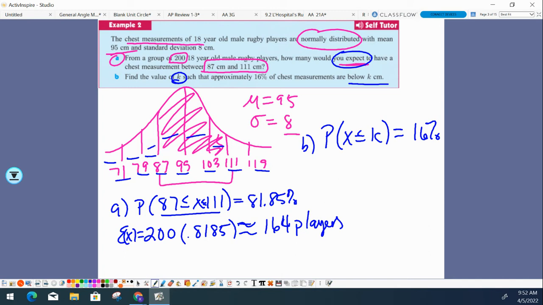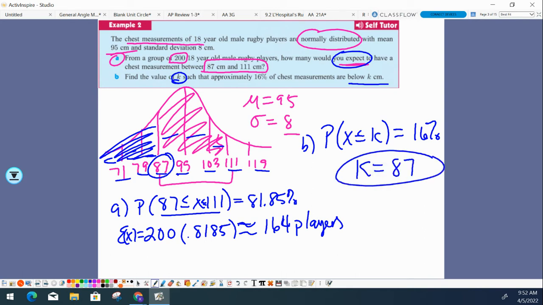Well, this is our 13.59, this is our 2, this is 0.15. So this would be 15%, 16% here. So that means my K value has to be 87. So we're trying to just make the numbers work until we find that correct value.